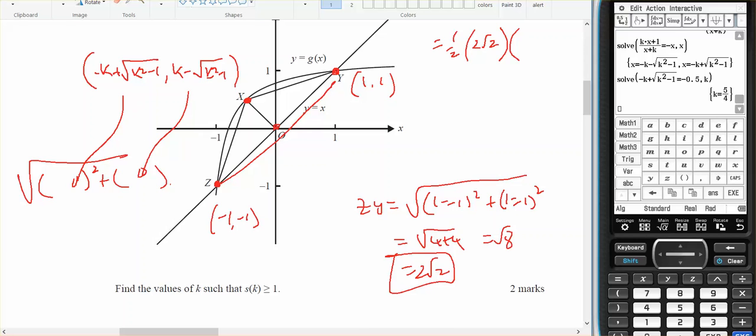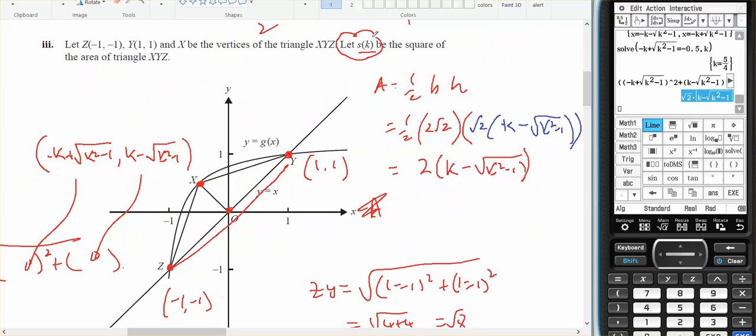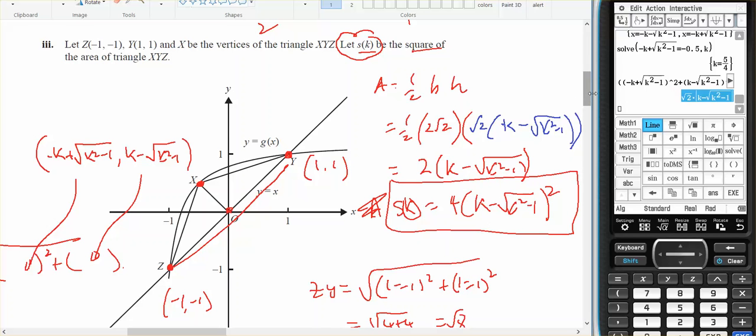I'll just put it on the calculator. And I'm told S of k is the area of the triangle. So S of k is going to equal 4 times (k minus the square root of k squared minus 1) all squared. So that's S of k.